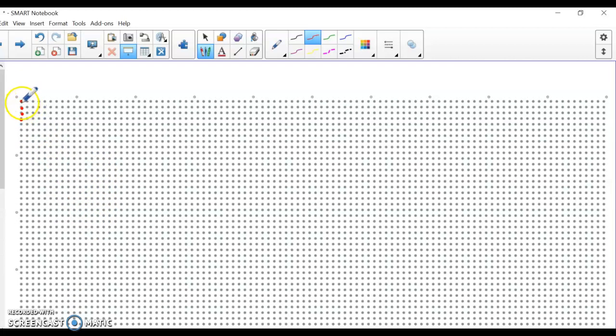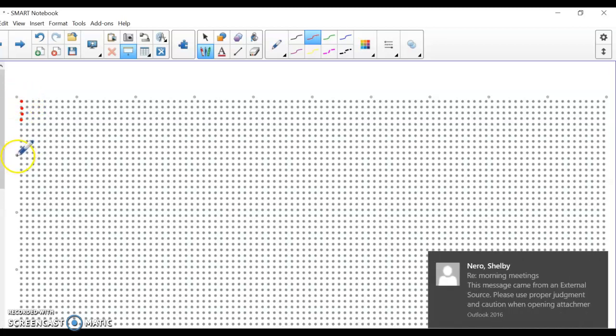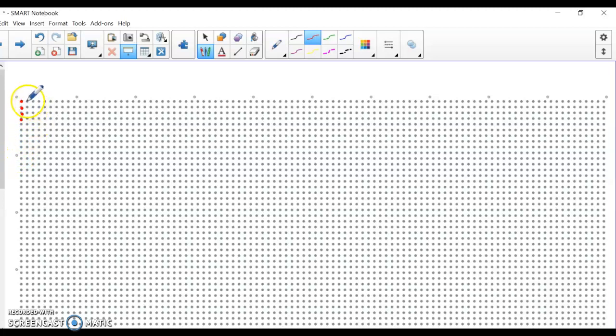If you notice, from this dot down to this, you're going to see 10 ones, or one group of 10. So we're going to do a line, and my mouse is a little bit off, but that's going to represent 10. Anytime you see that stick or that rod, that's going to be 10.